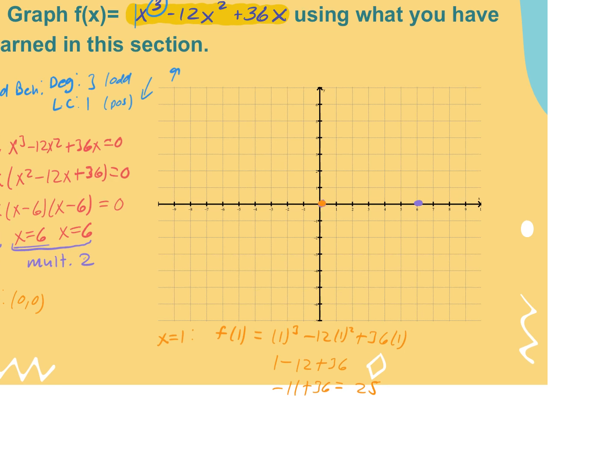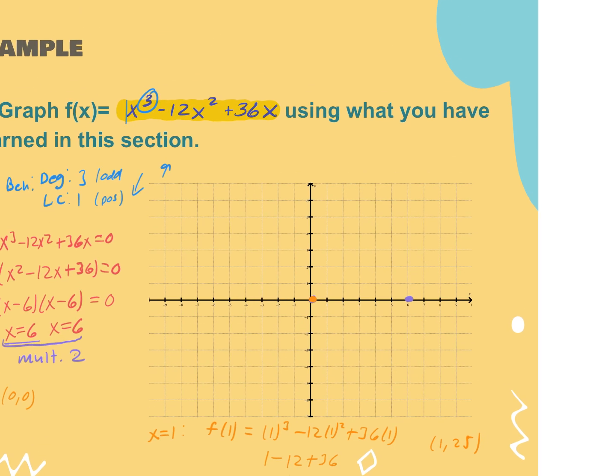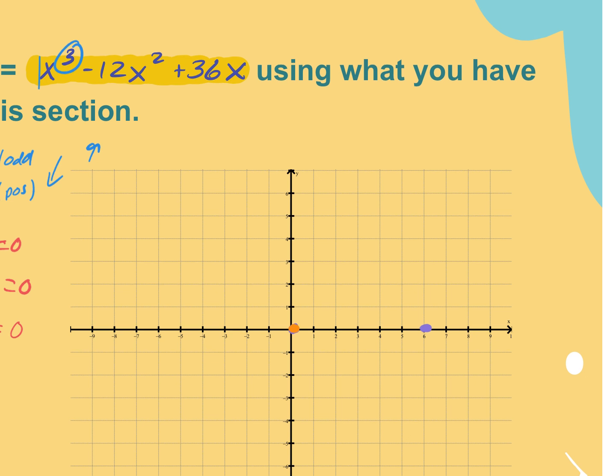So for x equals 1, we get y is 25. That's going to be way off the graph, so I'm going to go maybe by tens: 10, 20, 30, 40, and so on. So it's going to be somewhere right there, 25.